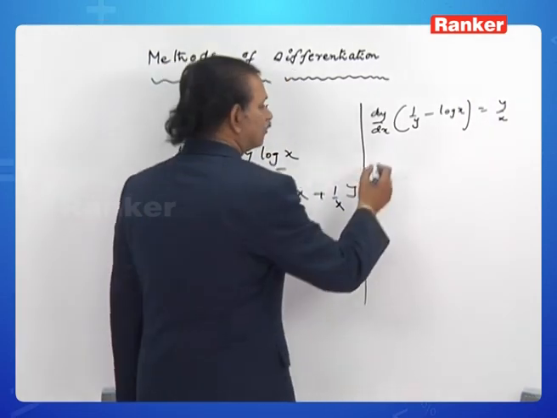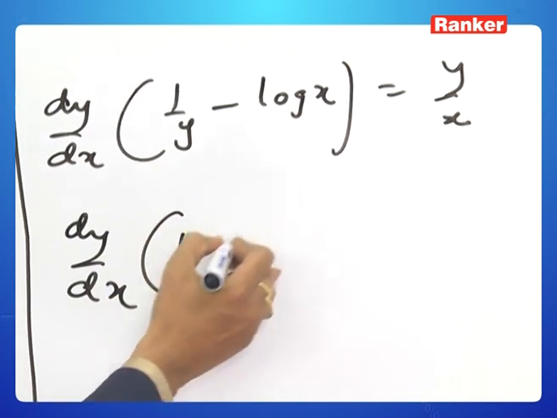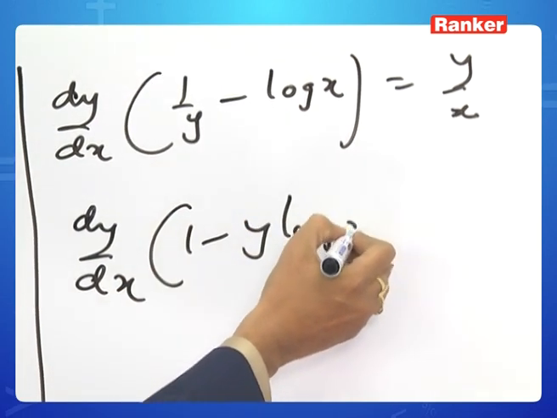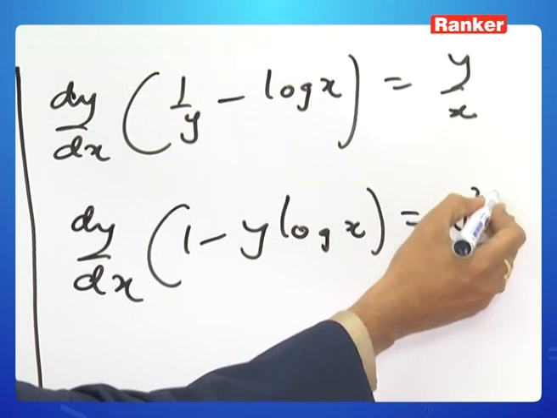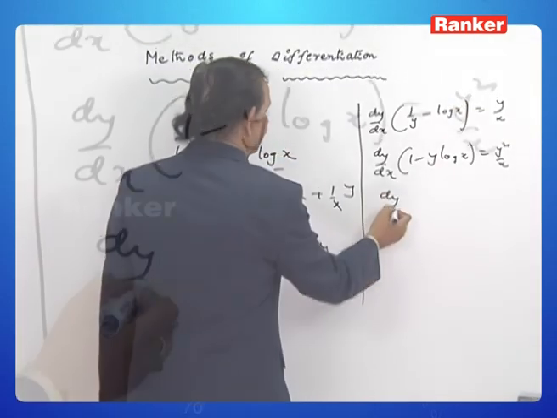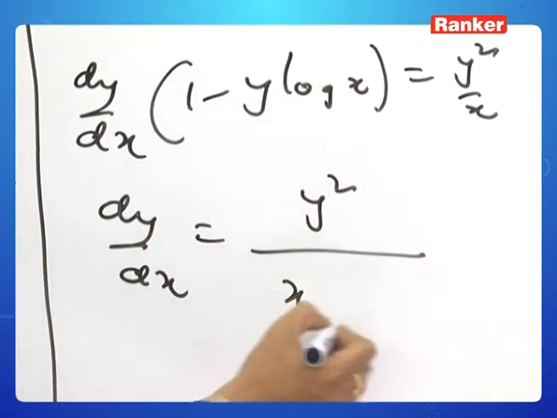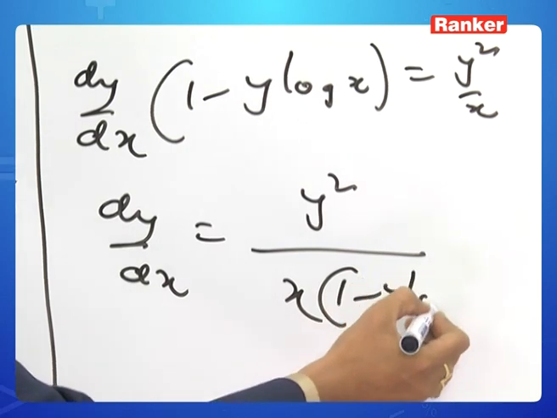Multiply with y on both sides. What happens? dy by dx into 1 minus y log x is equal to y square by x, or dy by dx is equal to y square by x into 1 minus y log x.